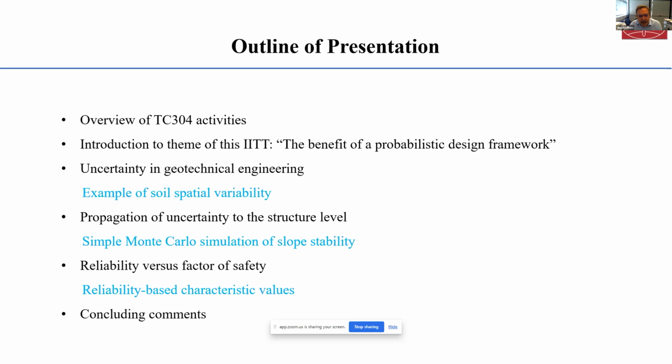Then I'll talk about how we can take uncertainty at the material level and see how it propagates to the structure level. For that, I'm going to illustrate a very simple Monte Carlo simulation of slope stability. Then I'll talk a little bit about reliability versus factor of safety, and mention very briefly the idea of reliability-based characteristic values before some concluding comments.